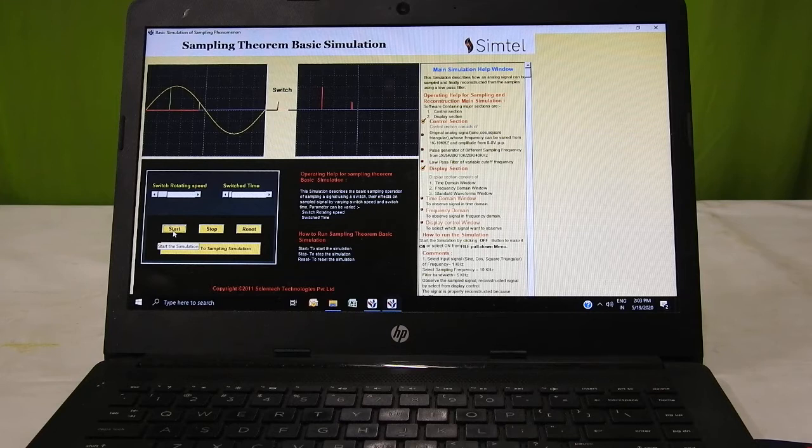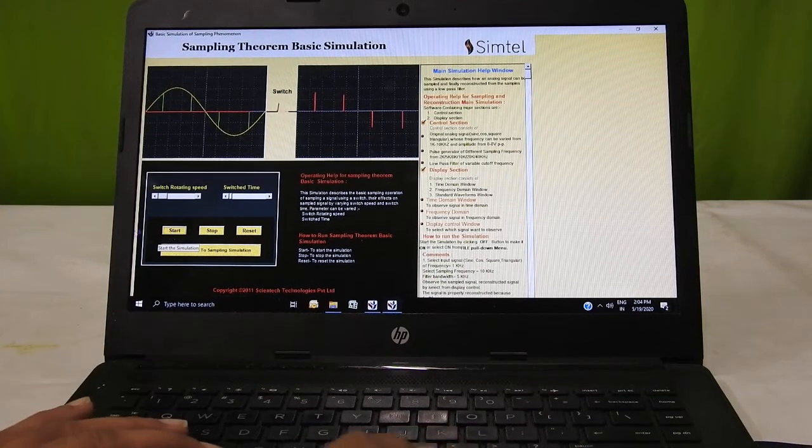Now we can see that as of now I am getting only 4 samples of this modulating signal: 1, 2, 3 and 4. So then what is sampling frequency? If I increase the sampling frequency, that means I am increasing the rotating speed of this mechanical switch. When the switch starts rotating fast, obviously we will get more samples from the modulating signal.